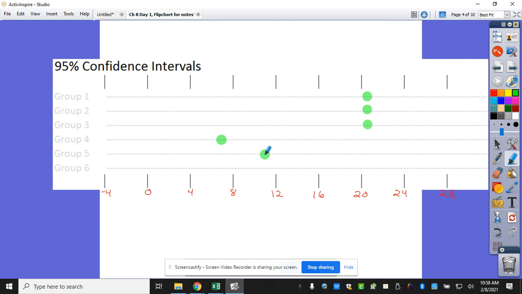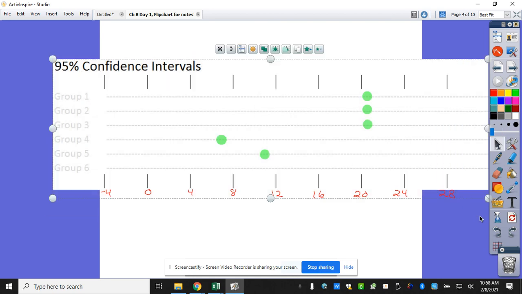So right now, I have one dot that represents each group. That is my best guess for that group if I only had one number to guess. Now the next thing we're going to do is include our lower and upper for each group. I went ahead and started with my 95% confidence intervals. So make sure that you're on the right graph, and let's go ahead and do these same dots to both graphs.